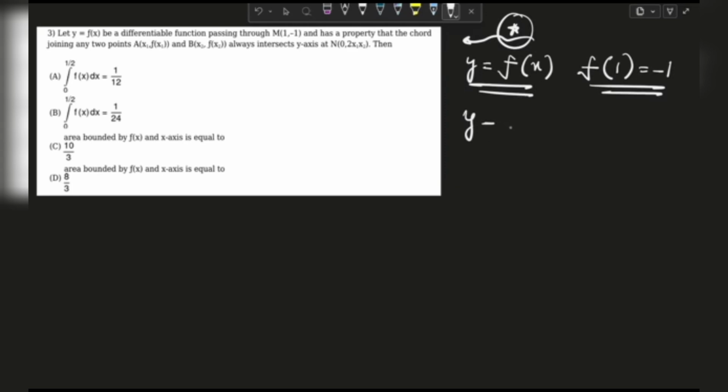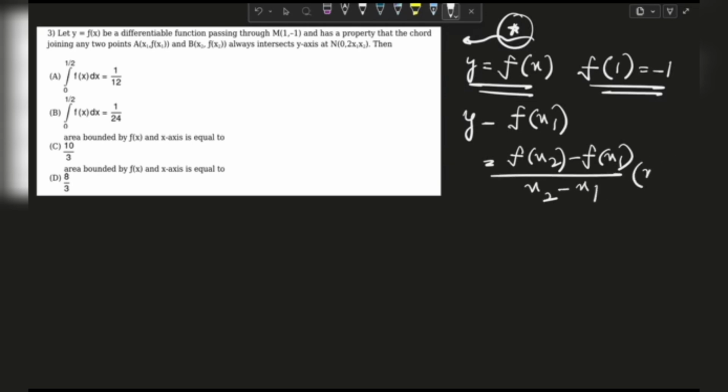So this becomes y minus f of x1 equals f of x2 minus f of x1 divided by x2 minus x1 times x minus x1. That's it. So now I guess we have the equation ready. As this always intersects the y-axis at (0, 2x1x2), in other words, this point will satisfy this.